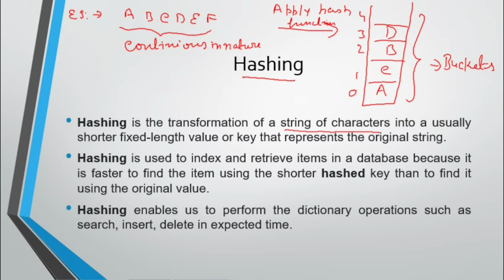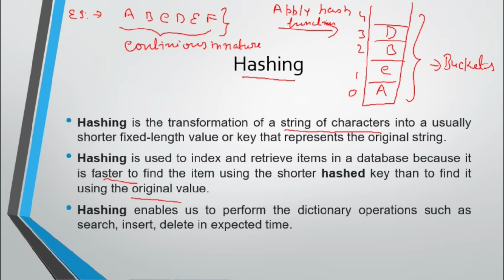Hashing is used to index and retrieve items in a database because it is faster to find an item using the shorter hashed key than to find it using the original value. This is the original value, so it's really difficult, whereas in the buckets, it is really easy to find that particular character. That is why we do hashing.